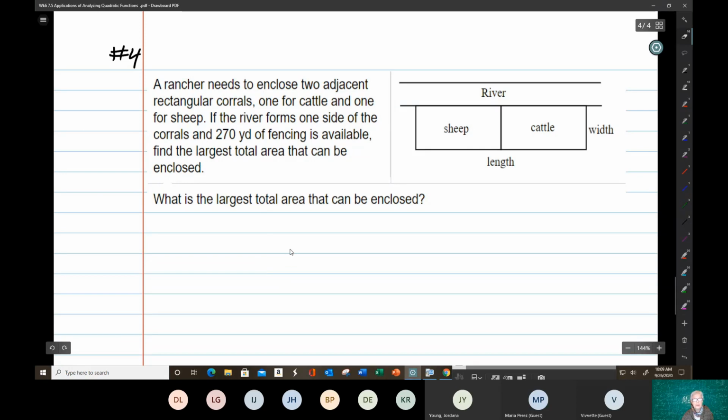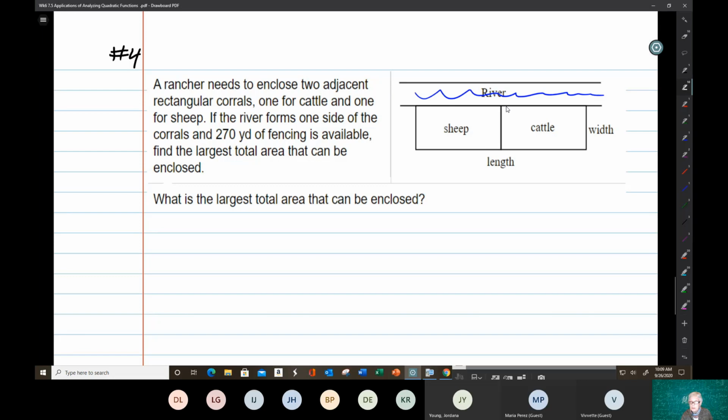Okay. A rancher needs to enclose. You've got a nice picture over here, okay? And I'll even put some blue water running in the river. This rancher, I don't know, he's not bright. He's decided that his cattle are not going to cross the river. Don't cattle get in water? Anyway, far be it from me to argue with him.